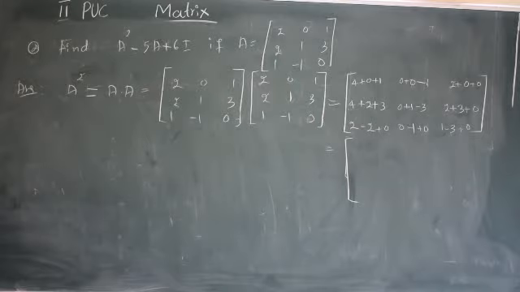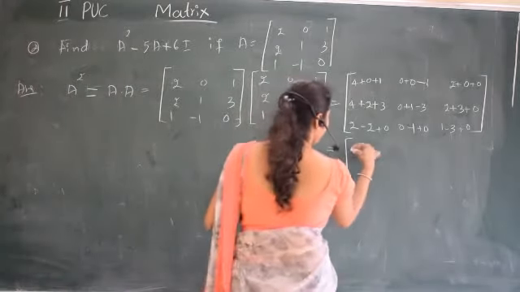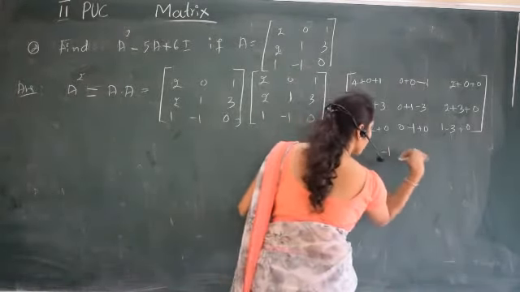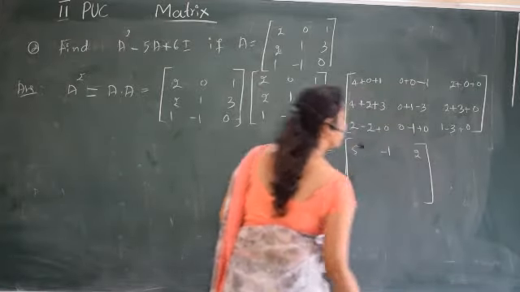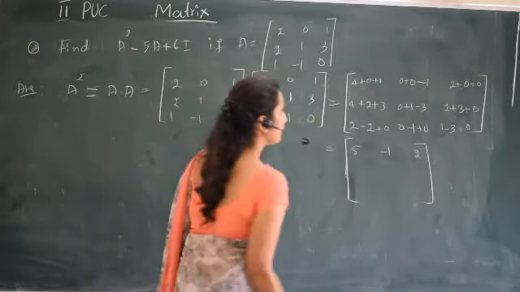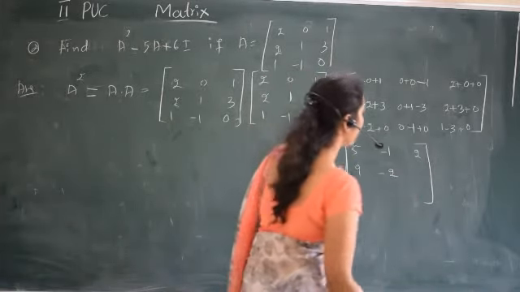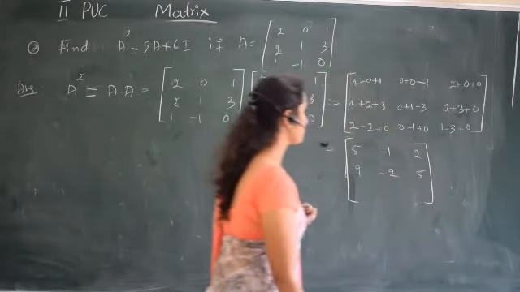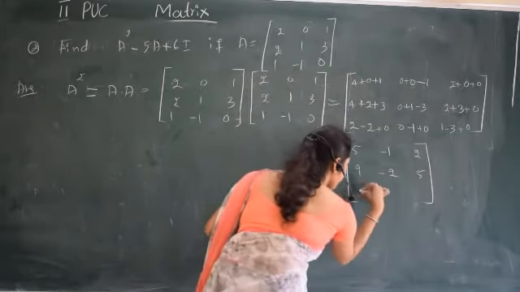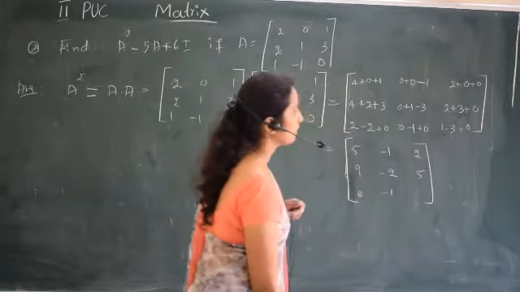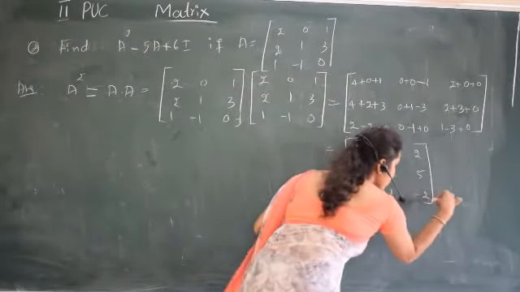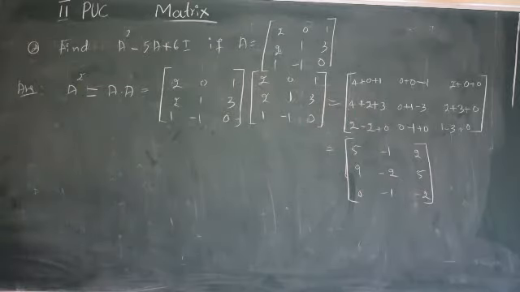So we get 5, minus 1, 2; 5, minus 1, 2; next 9, minus 2, 5; next 0, minus 1, minus 2. So we have calculated A square: 5, minus 1, 2; 9, minus 2, 5; 0, minus 1, minus 2.